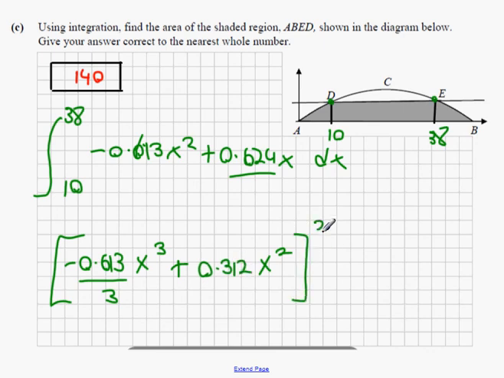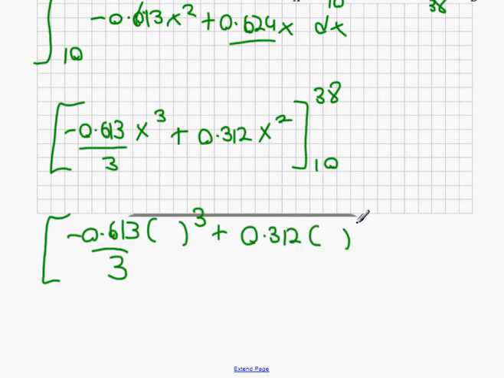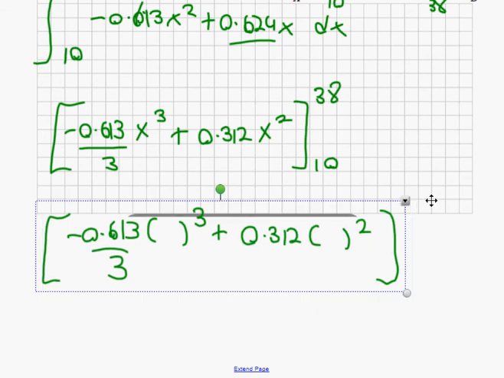These numbers are horrible, and what you're going to have to do, guys, is sub in the numbers, take them away, and be ridiculously careful. I have the answer beside me anyway, but you're going to have to do something like this, bracket 3, and then plus 0.312, bracket that.